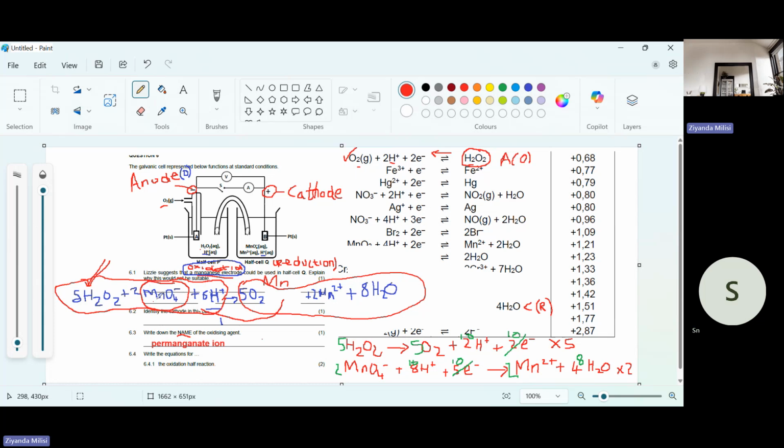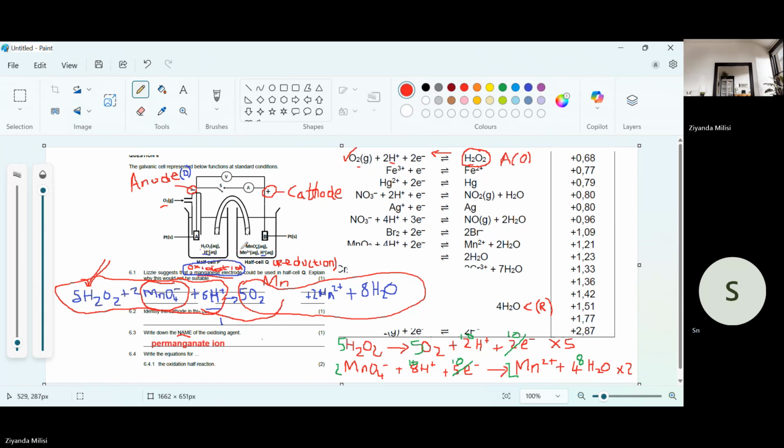Then we've got these other two now, which means we choose between these other two substances. Who is our reducing agent and who is our oxidizing agent? Looking at the half reactions, H2O2 is being oxidized, which means it's a reducing agent.